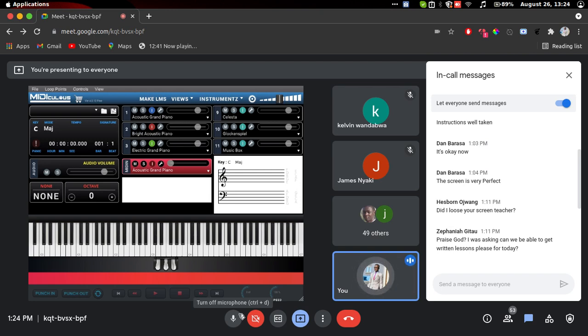A semitone or half a step is the distance between two adjacent keys. Semitone is the distance between two keys which are adjacent. That is a semitone.